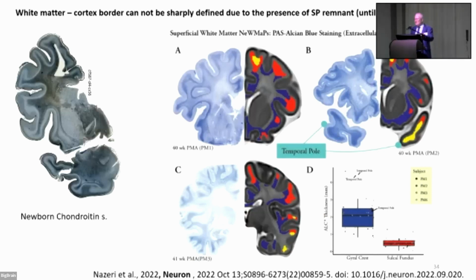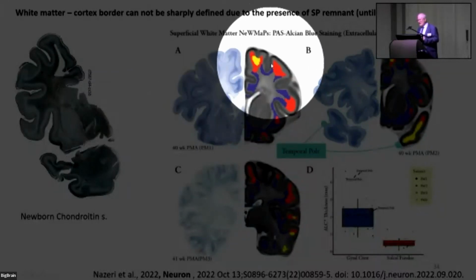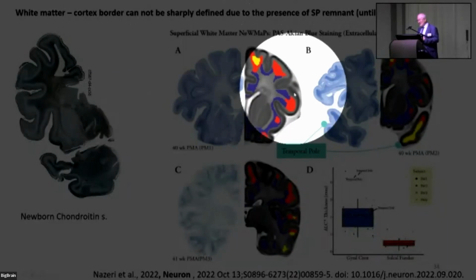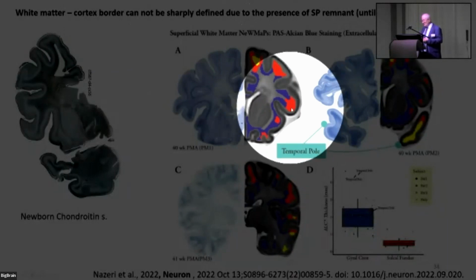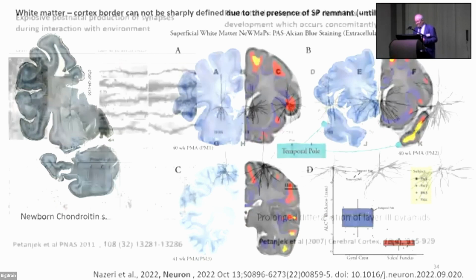That's because you have no sharp border here, and they have shown, with these tools, this changing border between white matter and cortex with this quantitative imaging methodology.